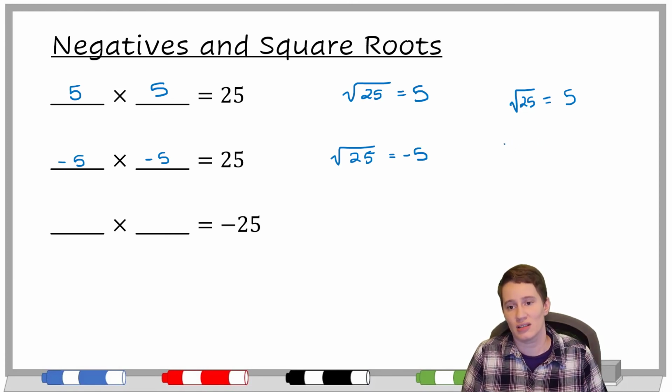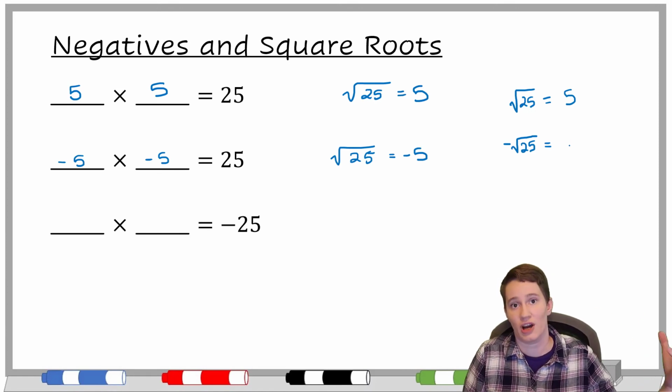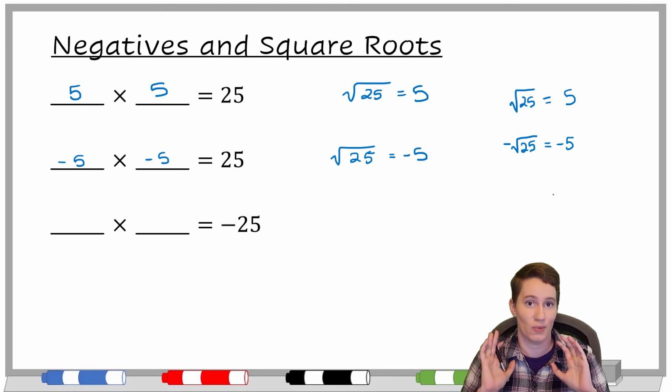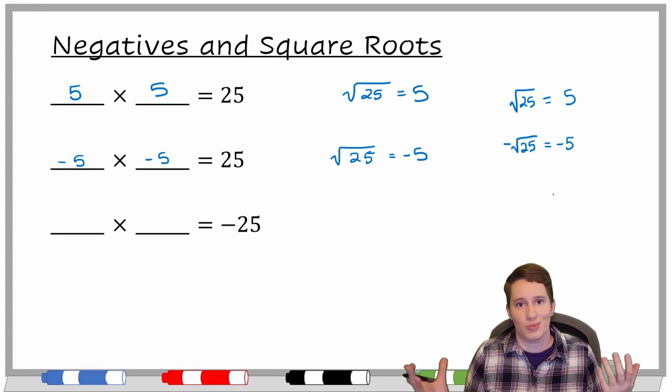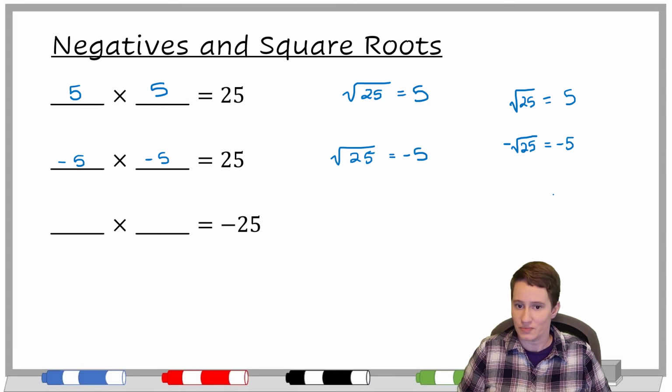Because if they wanted us to think negative 5, they'd put a negative in front of our radical. So negative square root of 25, you'd square root 25 and get 5, but the negative in front tells you it's negative. So this is a case where, hey, they've got the square root symbol in the book, and so we have to assume that if they wanted us to think it was negative, that they would put a negative in front of it. And there's algebraic and graphical reasons for that that we'll get into in Algebra 1.